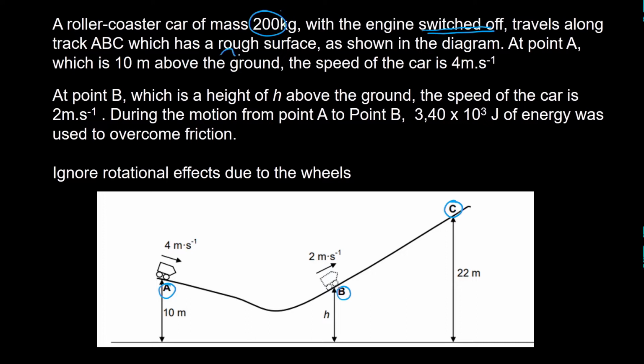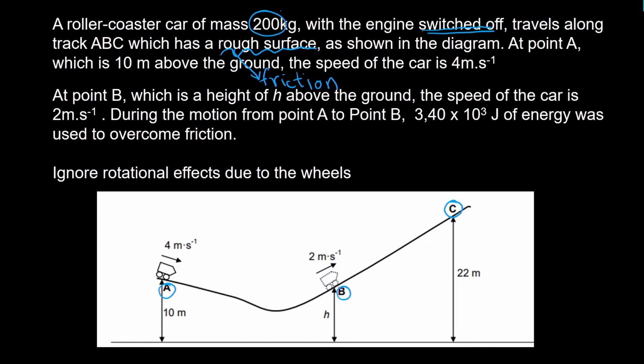This word, rough surface, is an indication that they're telling you about friction. If there is a rough surface, then friction invariably is going to pop up in a later question.